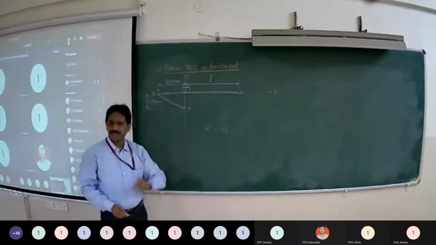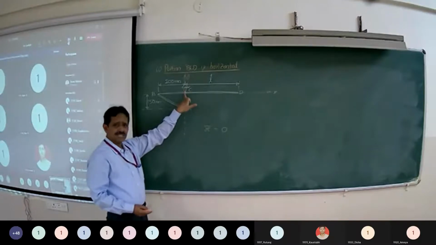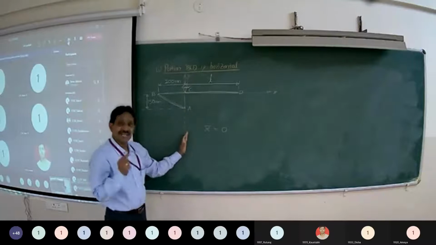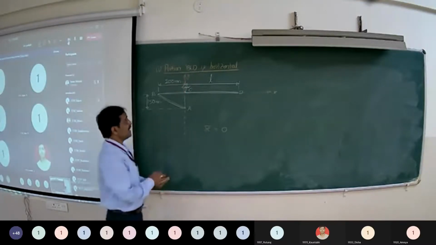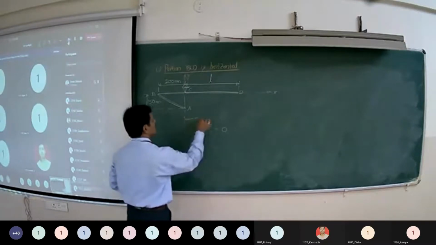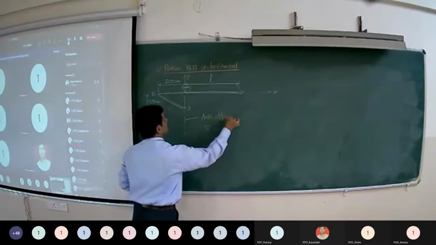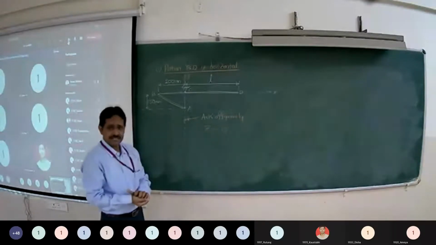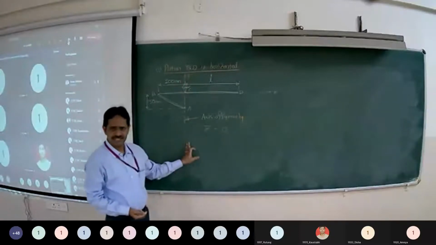Then the second is the logical method. See, when a body is suspended freely from any point, the center of gravity is located on that vertical line passing through the point of suspension, and that line can be called an axis of symmetry. Right? Because we know that the center of gravity is always located on the axis of symmetry.